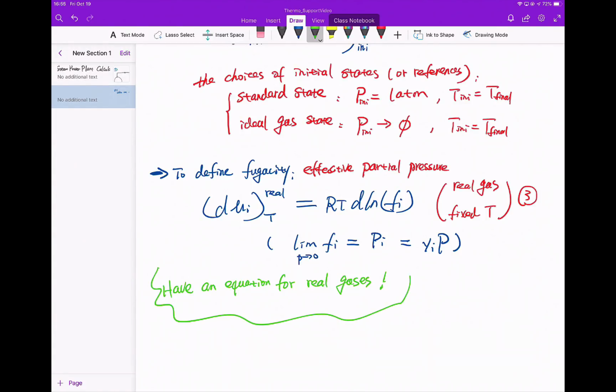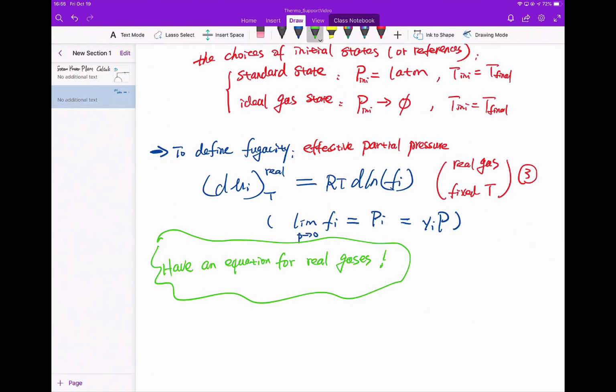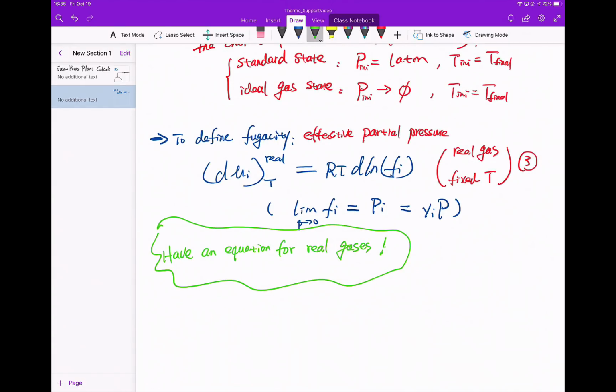Then of course the question is, what would be the deviation? What would be that difference?